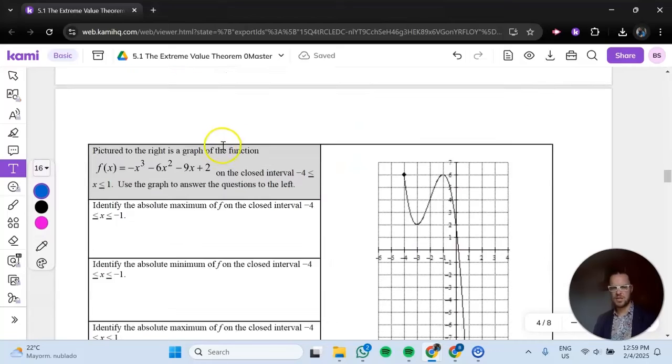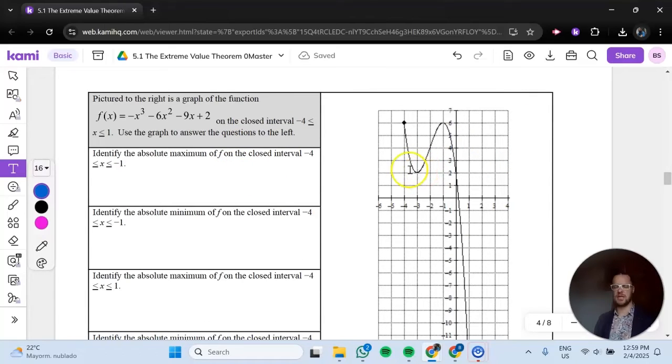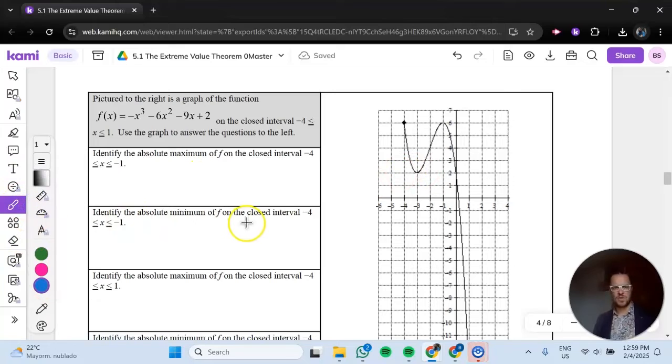So let's take a look at another example here that's a little bit bigger. So we've got our function right here, f of x, on the closed interval -4 to 1. And the first thing we want to do is find the absolute max on -4 to -1. So we're going to be looking only from here to here. We're not looking at the whole function. We're just looking at that piece.